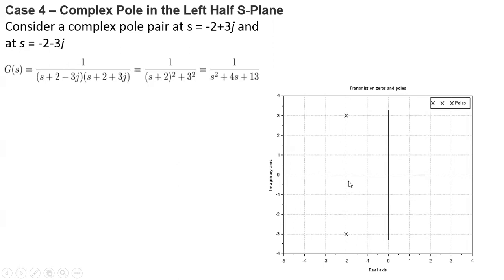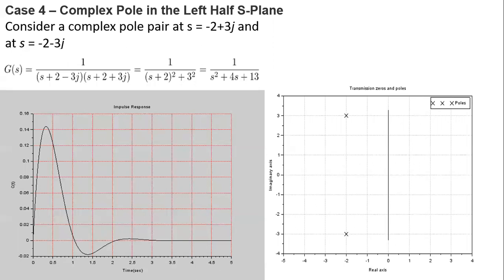Both are on the left side, so the system is stable. By changing the transfer function in the previous script, we obtain the pole-zero plot and impulse response. As the response approaches 0 as time increases, the system is stable.